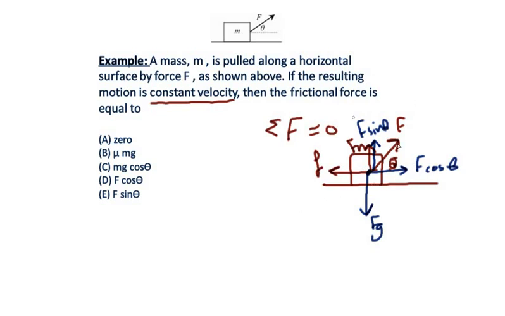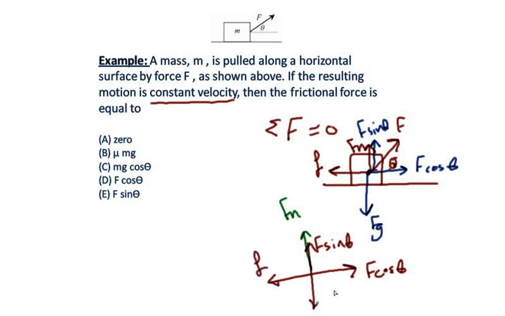Now let's redraw this without this force because we already decomposed it. We have these forces, F cosine theta, F sine theta, and we have Fn up. Here to the left we have the friction, and down we have Fg.